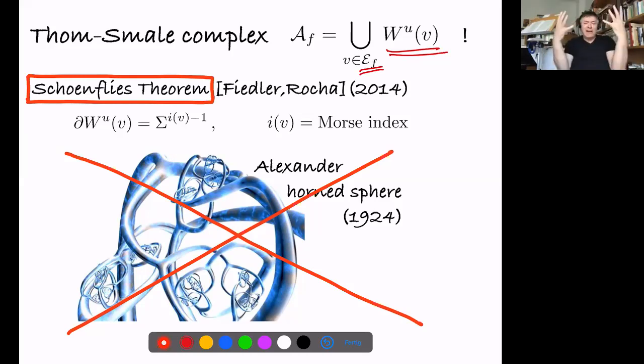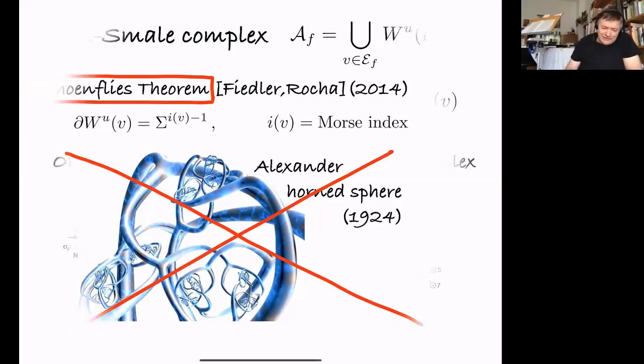Regular means that the boundary of the cell complex itself is decomposed into cells, which are themselves disks or balls with sphere boundaries, and so on, down to the one-dimensional cells, which are intervals, and their boundary, which are points. So we get a very good object if we follow the Thom-Smale idea of studying variational problems by following the unstable manifolds in this type of equations. This was a result from 2014.